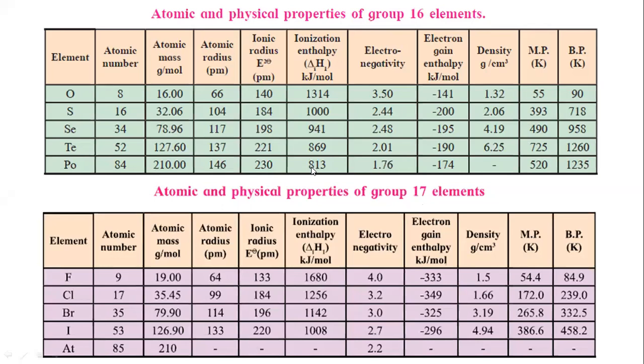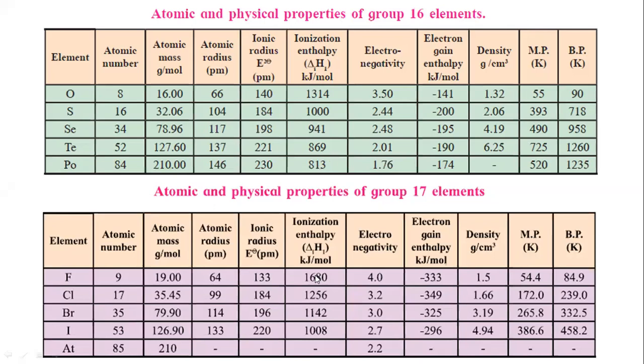It means the energy required to remove the electron from polonium is very little, because the electrons are away from the nucleus, and in oxygen the electrons are nearer to the nucleus. So it is very difficult to remove the electron from the outermost shell of oxygen. In polonium, we can easily remove the electron.